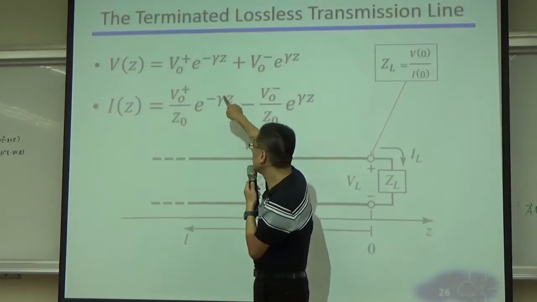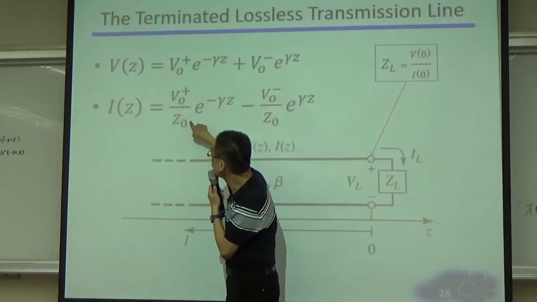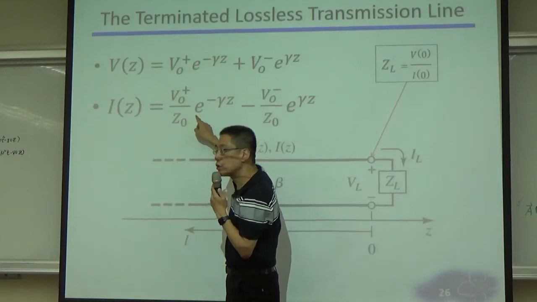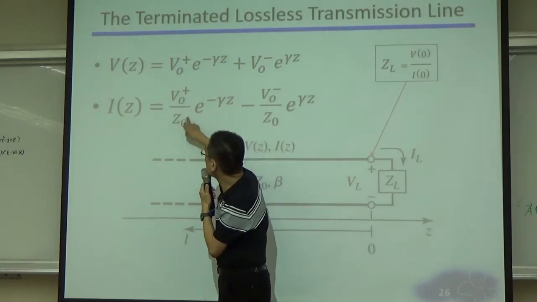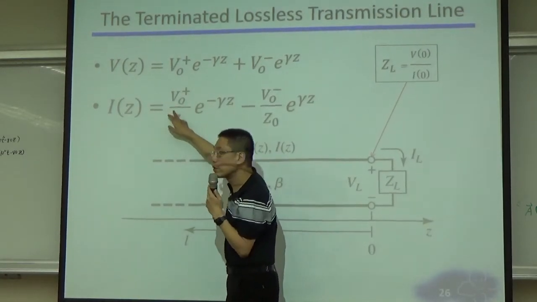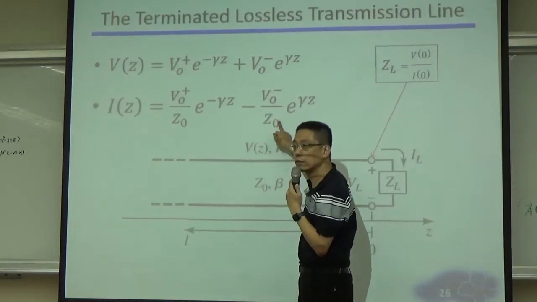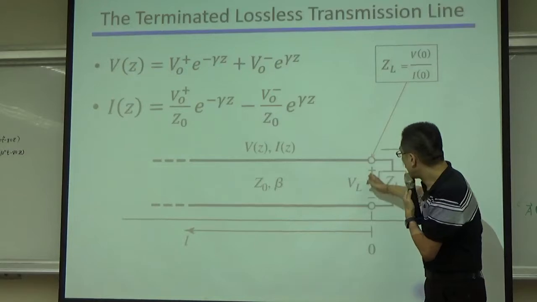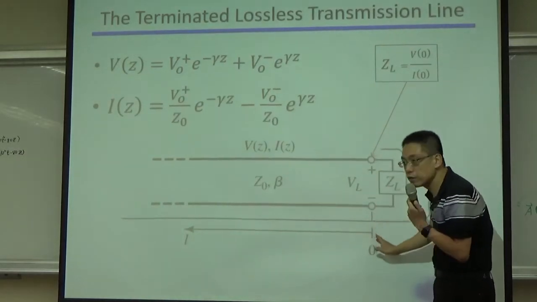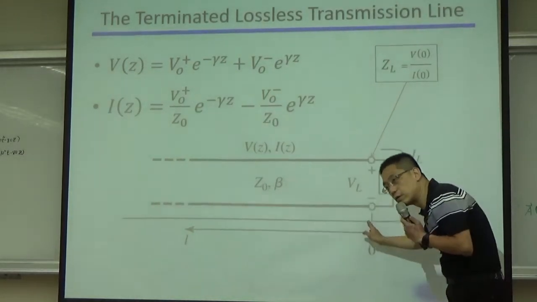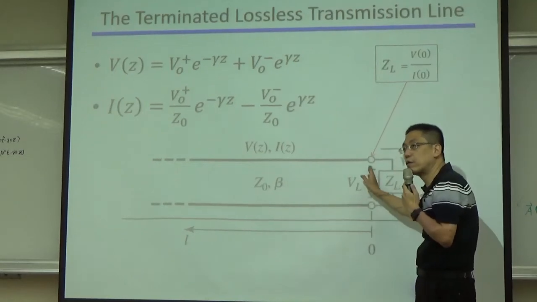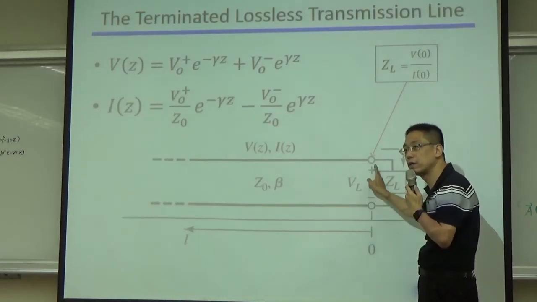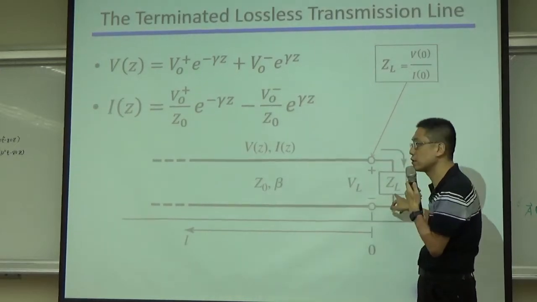You change the current according to the characteristic impedance. You can change the amplitude to this term and this term. Okay? The total impedance at the load is the total voltage here over the total current here. That is ZL.